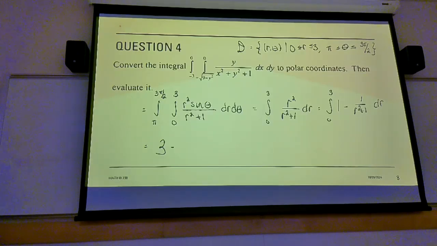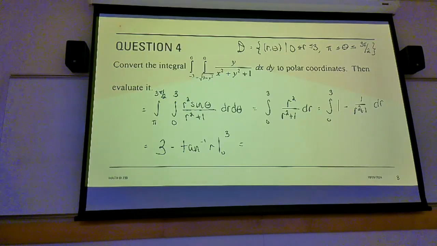Oh, yeah. So what I have on here is wrong. If you want to do it by hand as well. Oh wait, no, I'm sorry. That is negative. Right? It is negative. Sine theta from pi to 3 pi over 2 is negative 1. The antiderivative is negative cosine.